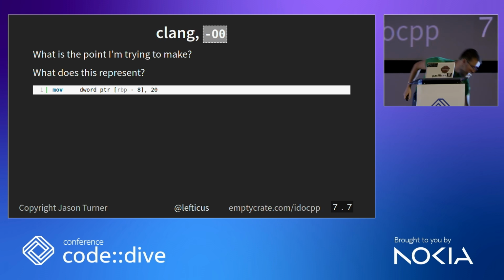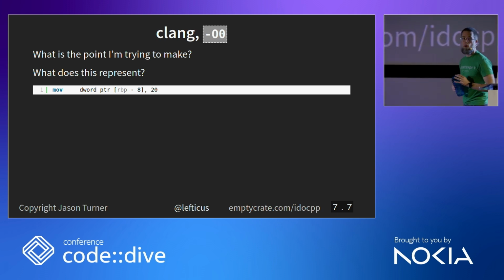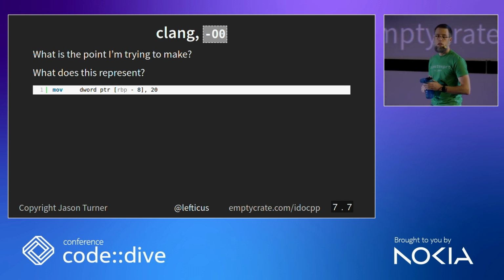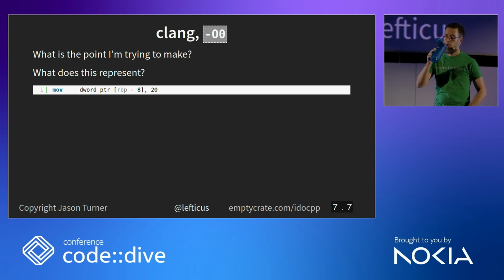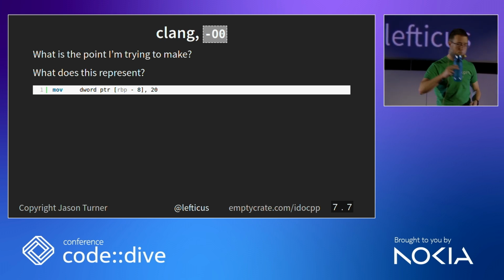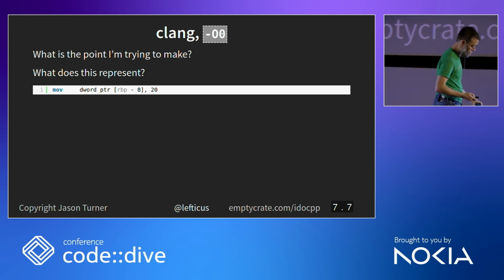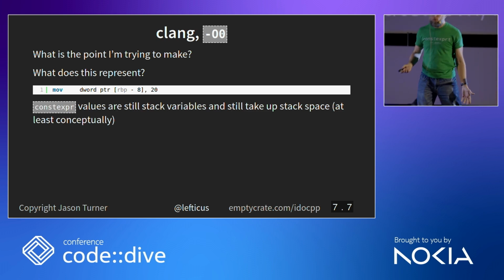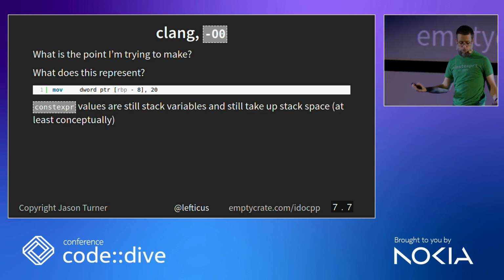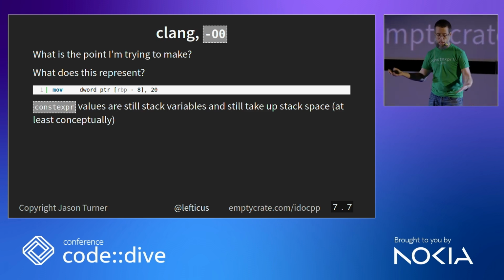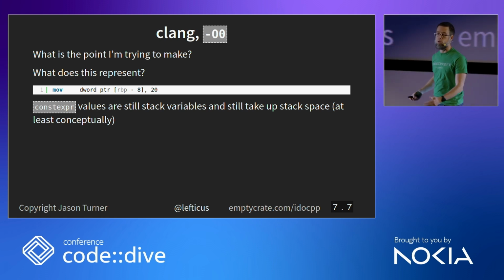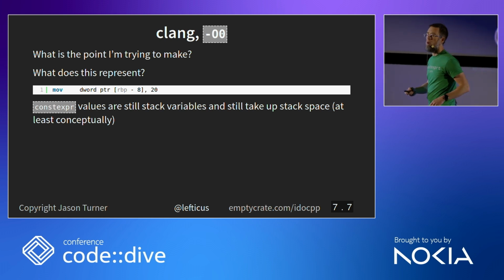Someone already said this, but what does this represent approximately? Storing the variable. Stack allocation. Constexpr values are still stack variables that take up stack space, at least conceptually. This is why I'm looking at O0, right?